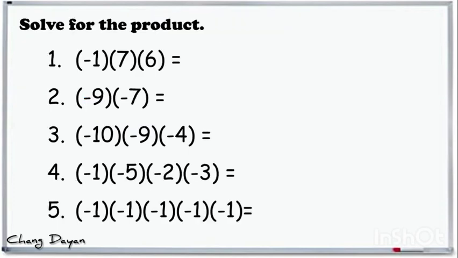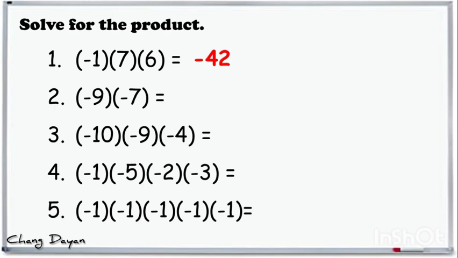Now let us solve for this one. For number 1, we have negative 1 times 7 times 6. How many negative integer here? Correct. There's only 1. And 1 is an odd number. So our answer must be negative. For number 1, we have negative 42.